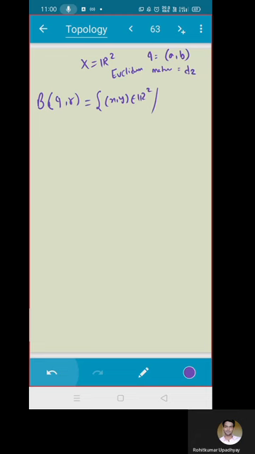Do you know what this is? How do you define the distance between two points in R2? This is the same as this d2. Yes, how do you define it? Under the root. I'll just write the distance between (a, b) and (x, y). This is done, and that is less than r, correct?